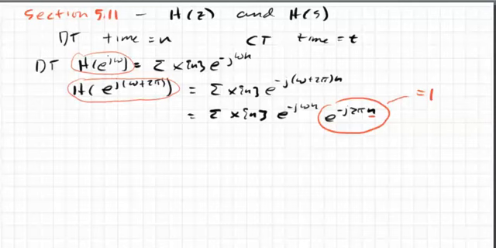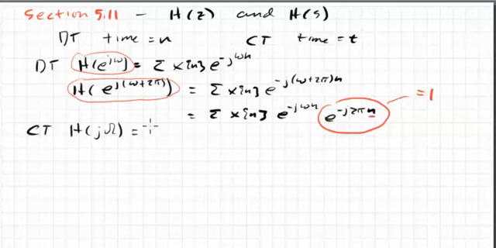Well, let's look at continuous time. In the continuous time case, for the frequency response we have a new frequency variable, big omega. Remember, little omega is normalized, in radians per sample, and big omega is unnormalized, in radians per second.